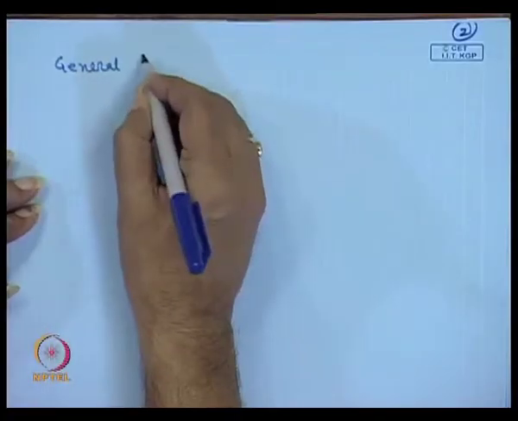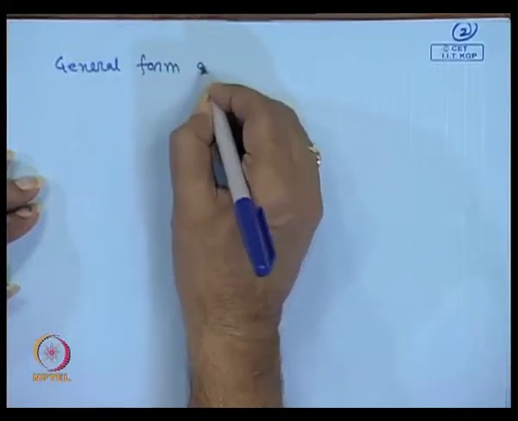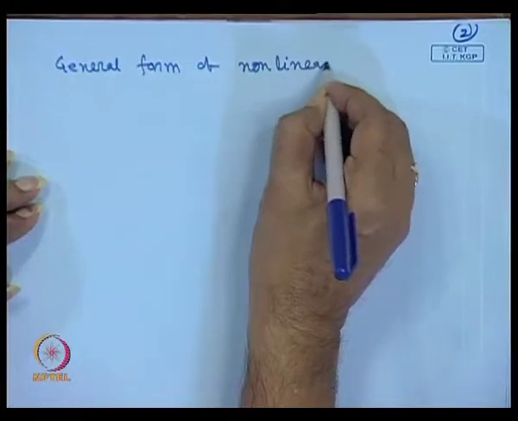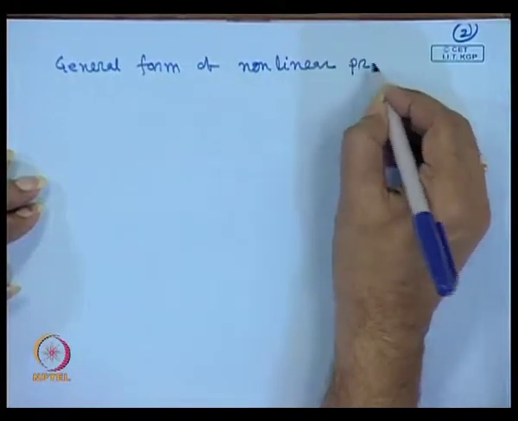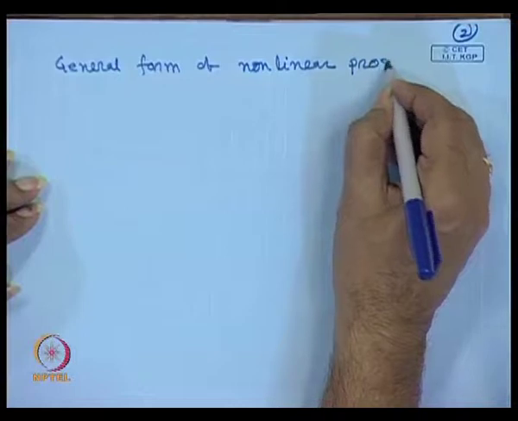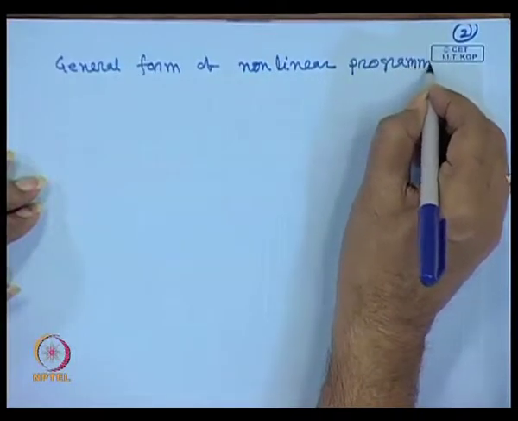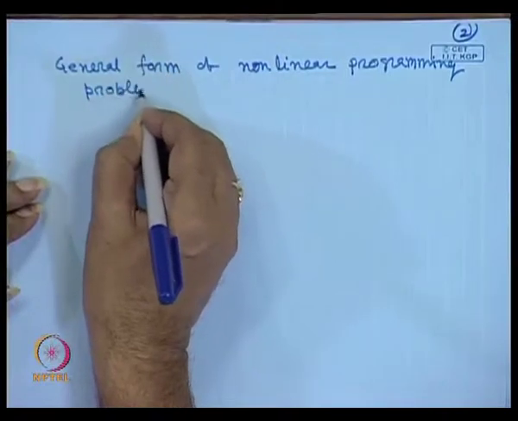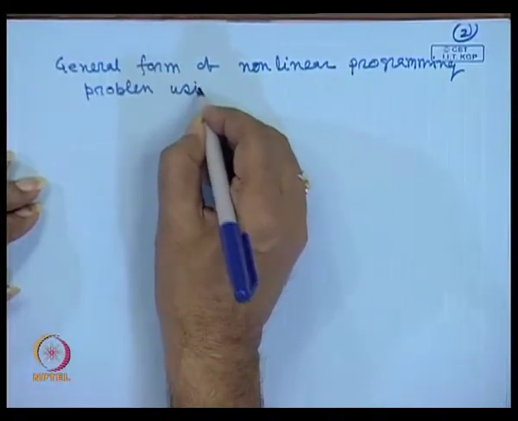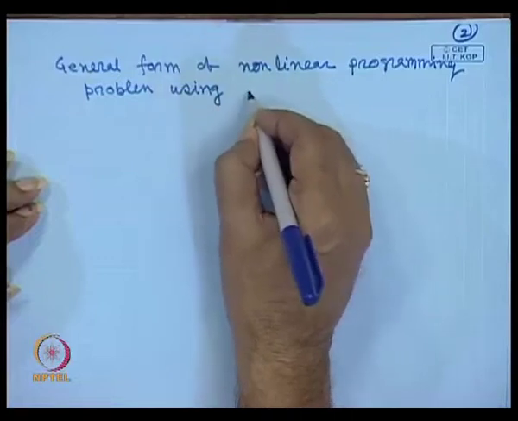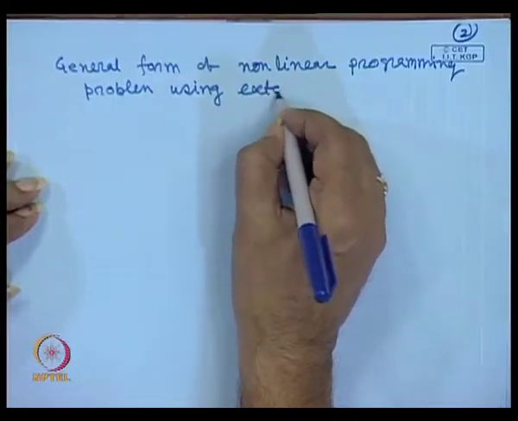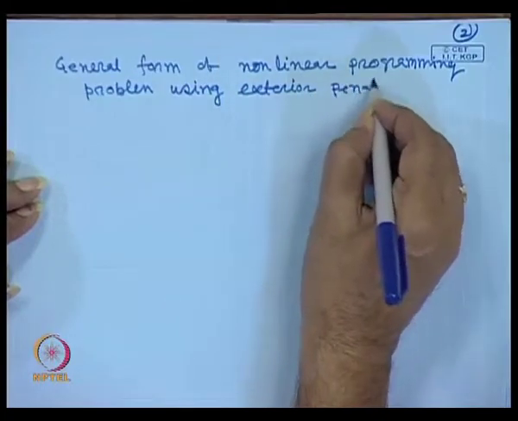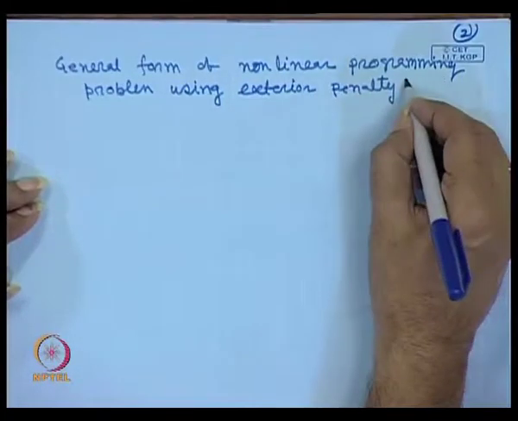But in general we can write a general penalty function. This P is a function of x, tau k and beta k. Tau k is the penalty coefficient associated with the inequality constraints, and beta k is the penalty coefficient associated with the equality constraints.